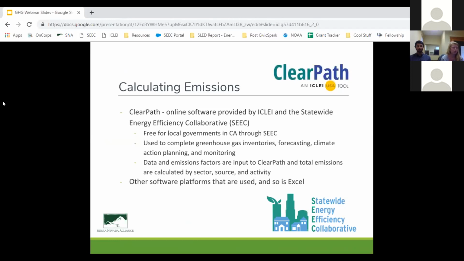There's also a learning portal where there are really helpful tutorials and other resources for completing inventories. So your data and emissions factors are input to ClearPath, and then total emissions are calculated by sector, source, and activity. And there are also other software platforms that are used, and sometimes consultants also use Excel with their own calculations.